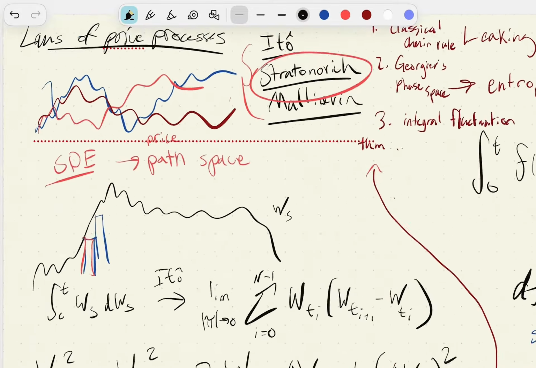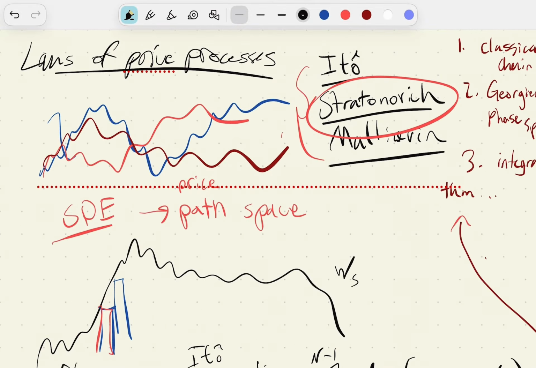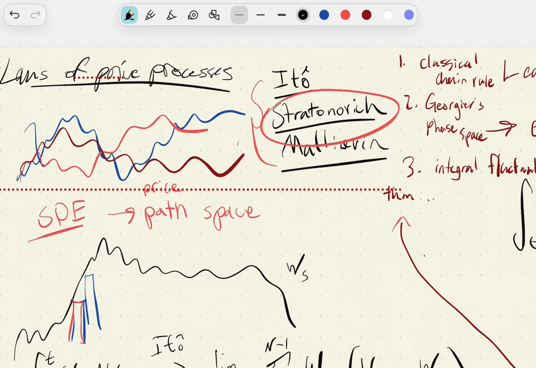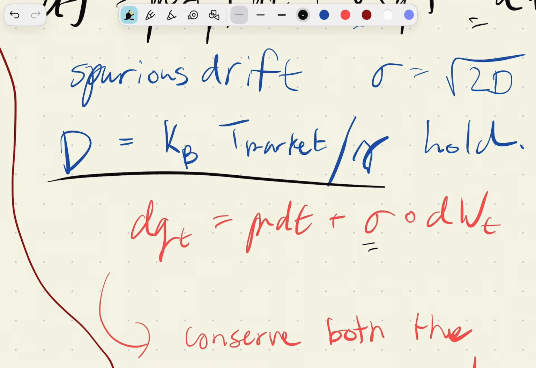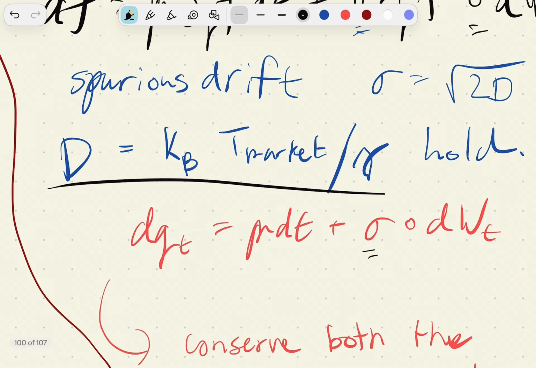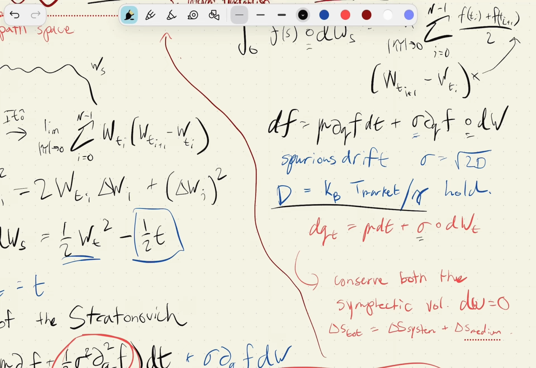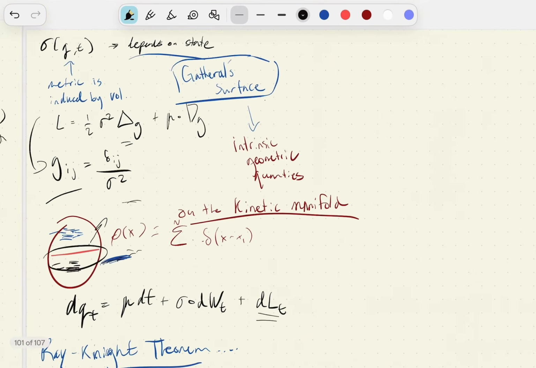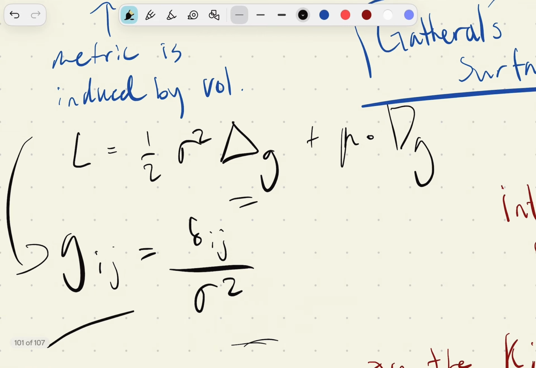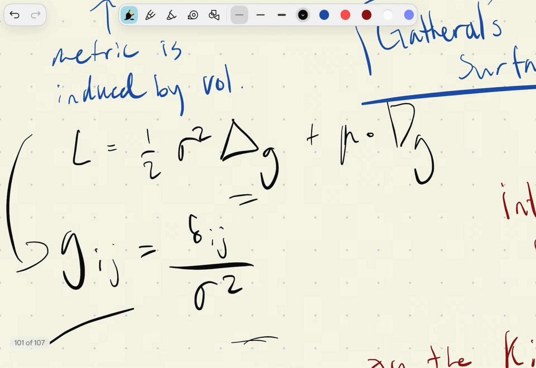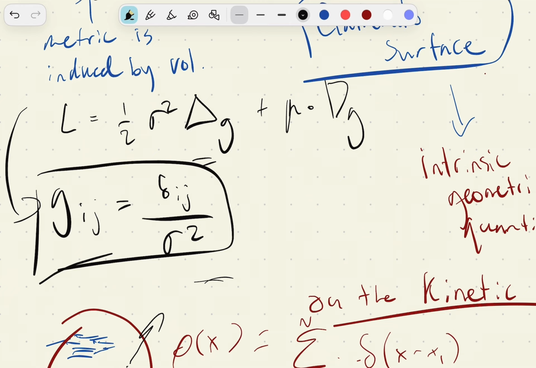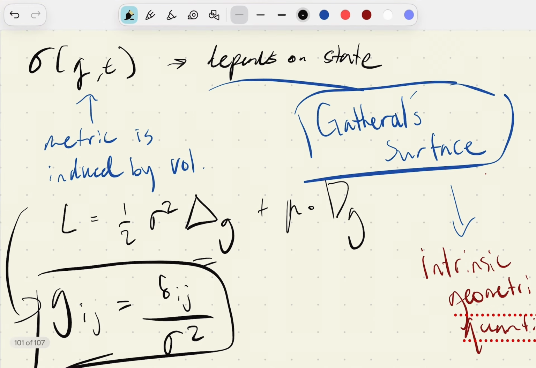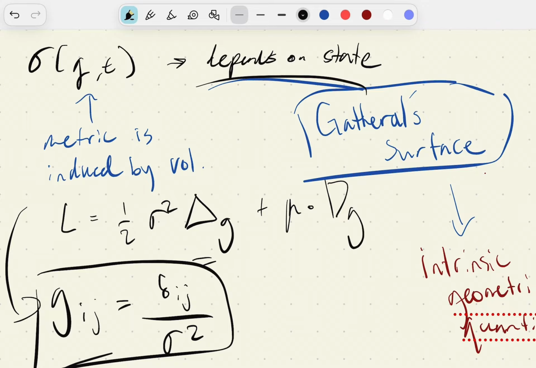So we started off, again, with the Itô-Stratonovich conversion. It cancels out this spurious drift precisely when the fluctuation-dissipation relation holds. The Laplace-Beltrami generator here, what this does is it maps the diffusion onto a Riemannian manifold that is basically induced by state-dependent volatility in general.